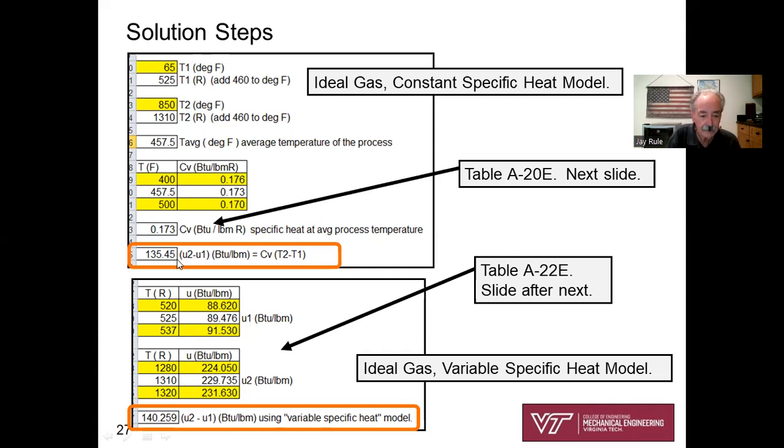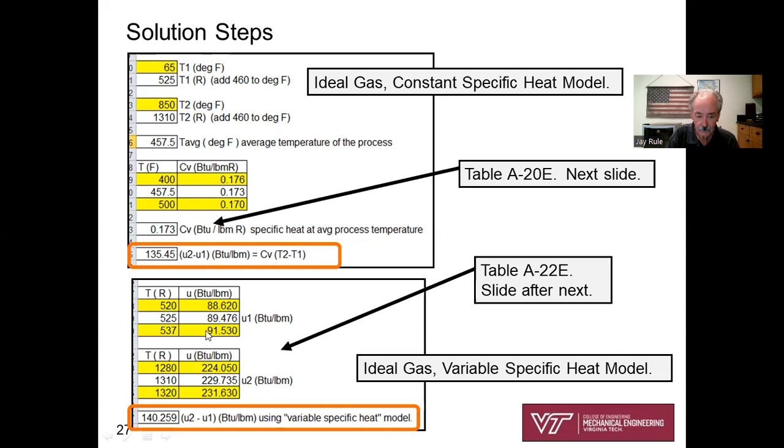All right, so there's our first part. Part 2, use the variable specific heat model for air. All I need to do is go into table A22. 525 is not tabulated there, so I had to write down U at 520 and 537, which were tabulated, and interpolate to get a number.